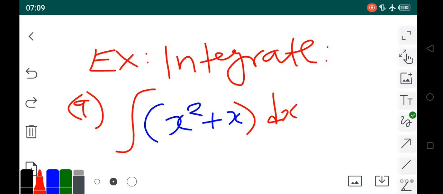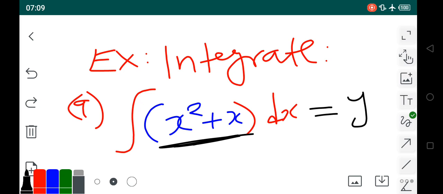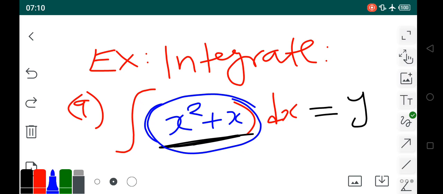What this means is that you have this main function that you are going to integrate. Remember that when you're integrating, you're just doing the reverse of differentiation. So once I integrate this function or equation, I end up getting the original function, or rather equation. When you have this kind of integration, this is what we call indefinite.